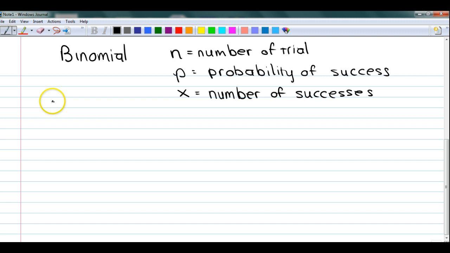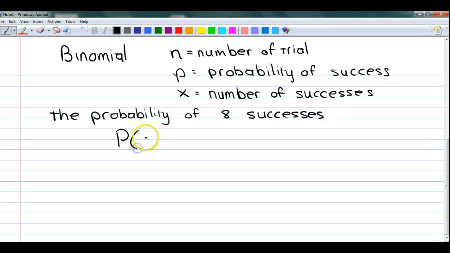Notation-wise, we would write the probability of 8 successes, we would write P parenthesis X equals 8.